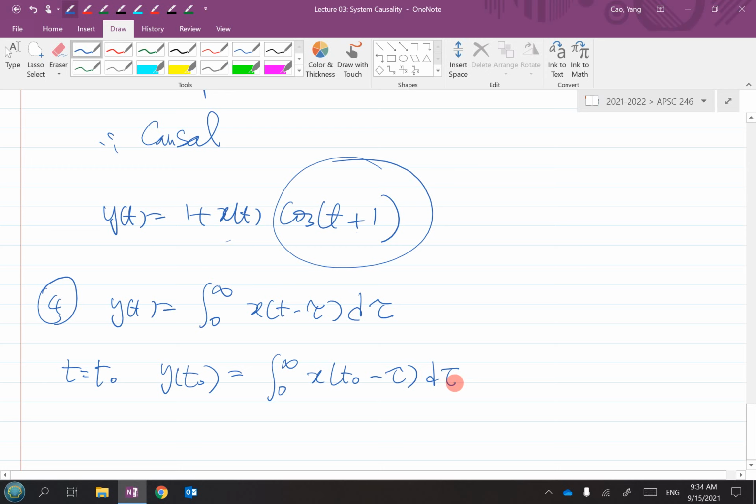So let me see if anybody actively thinking can make a conclusion based on this expression, or this expression, doesn't matter, by relating to the definition. Yes, go ahead.